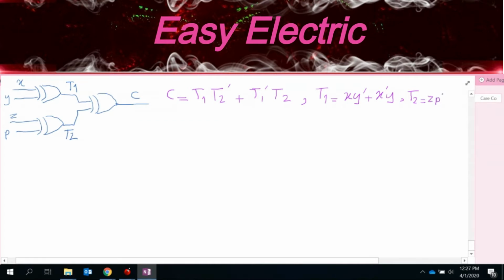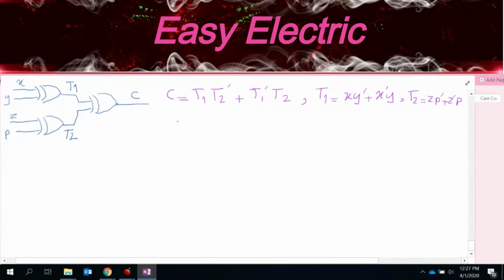So it should be Z P prime plus, again, Z prime P. Okay. So far nothing new. So what we already know, we need to do that. Then the next step definitely is to replace this T1 with XY prime plus X prime Y, and replace T2 with ZP prime plus Z prime P.